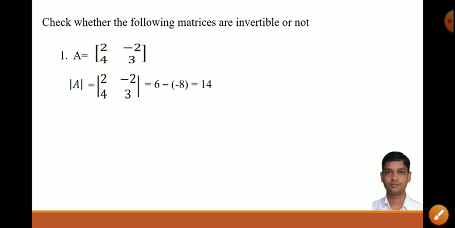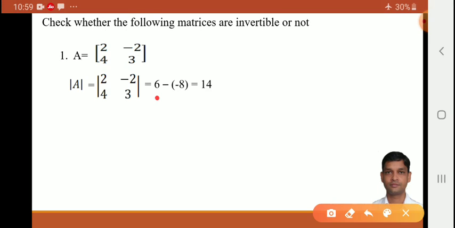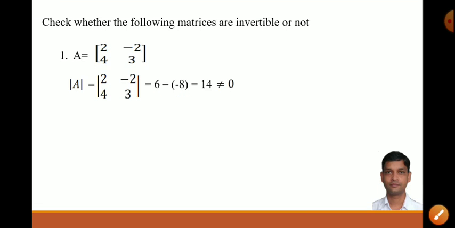A 2 by 2 determinant means cross multiplication and subtraction. 3 into 2 is 6, minus 4 into minus 2 is minus 8. So minus minus becomes plus, 6 plus 8 is 14. So this is not equal to 0, that is, this is a non-singular matrix. So you can find the inverse of this matrix. So A is an invertible matrix.